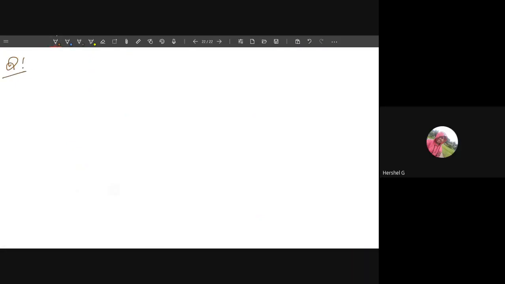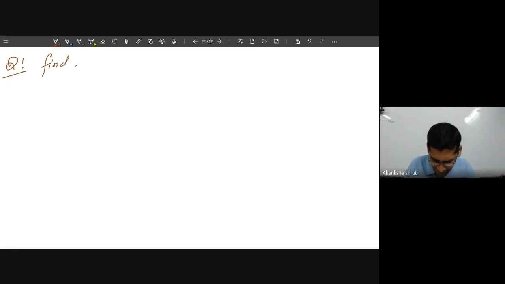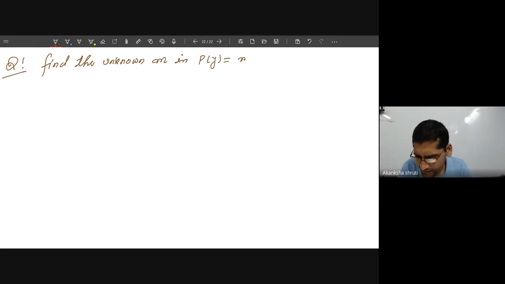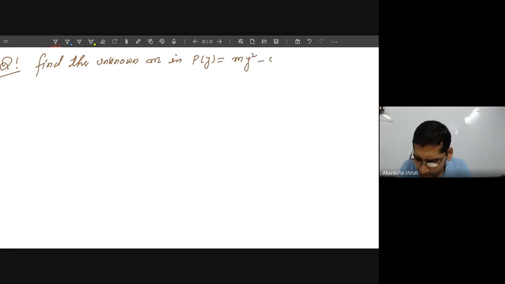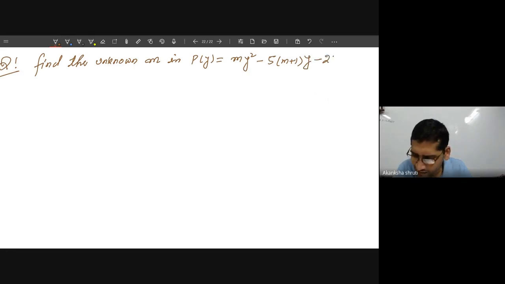Okay, so find the unknown m in p(x) or p(y) is equal to my square minus 5m plus 1 y minus 25.